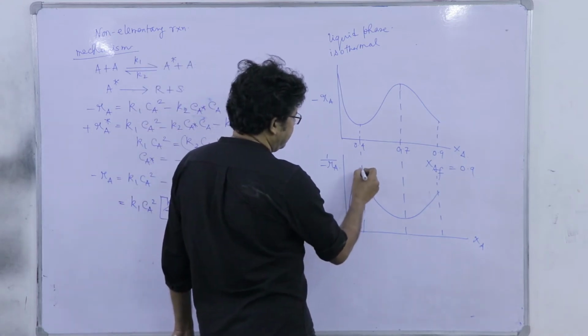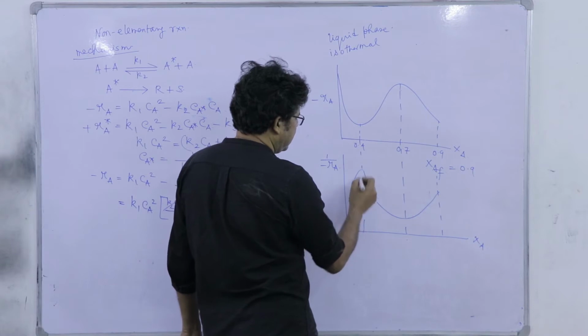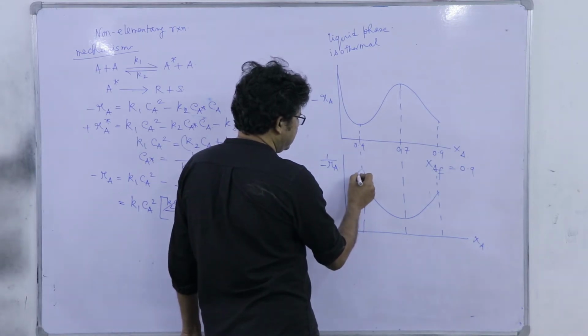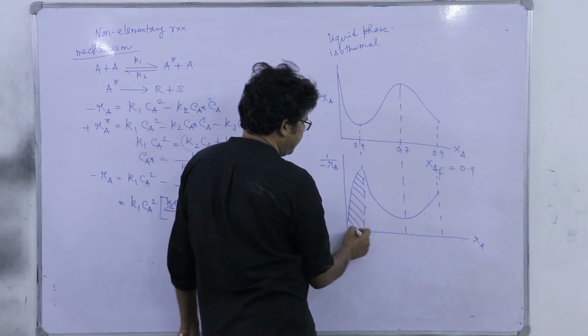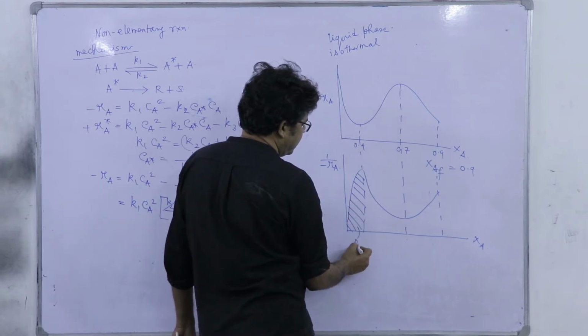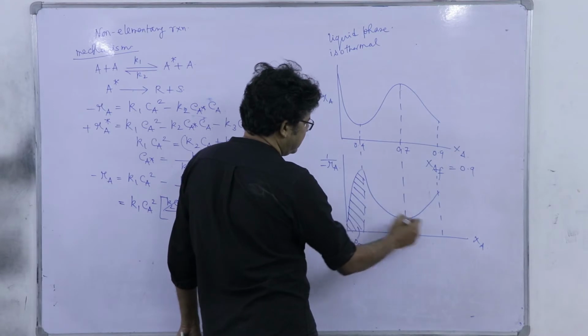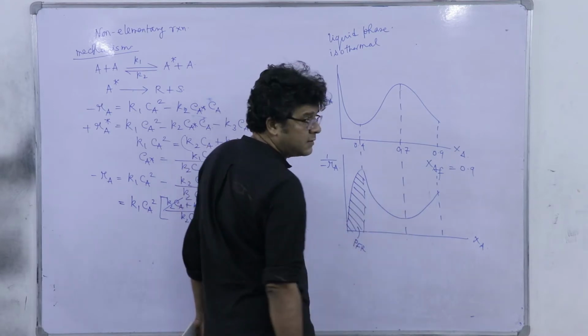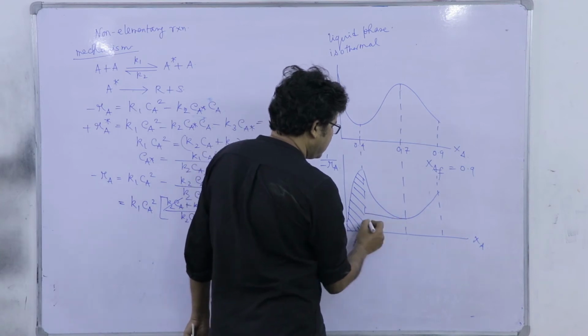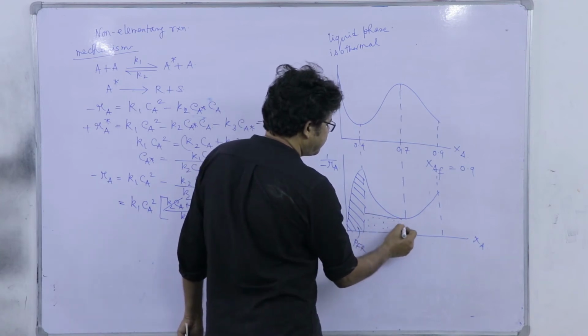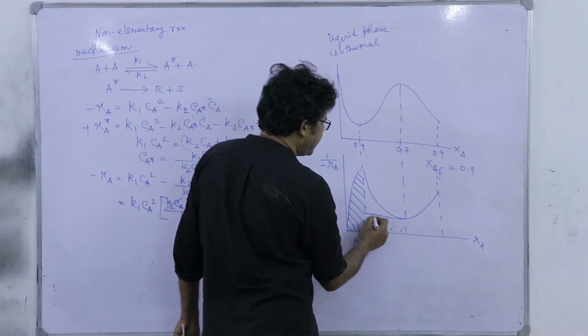Now, here we definitely must use a PFR. Here, as 1 by minus RA is a decreasing monotonic function of XA, it should be an MFR.